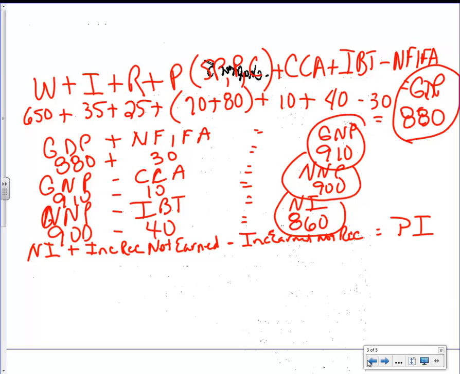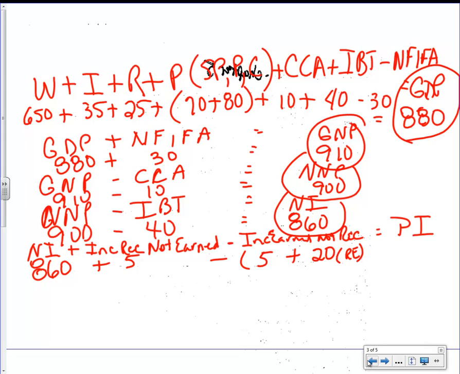So we'll start with 860. Income received but not earned are transfer payments. Add those back. Back out income earned but not received: Social Security taxes that were withheld, and retained earnings.